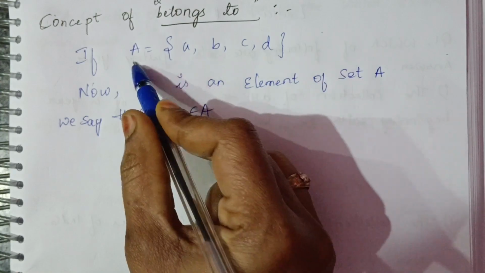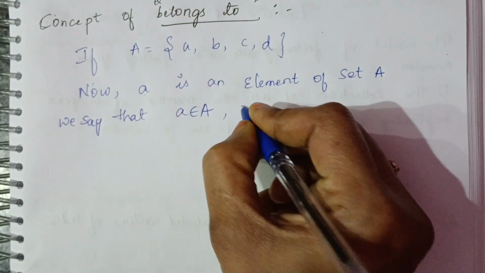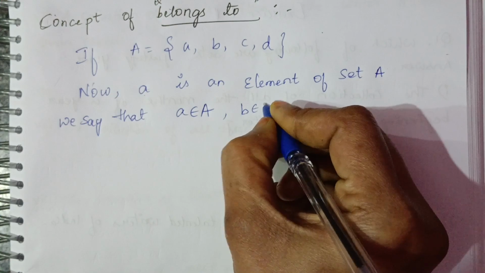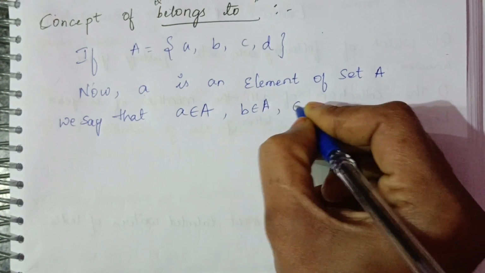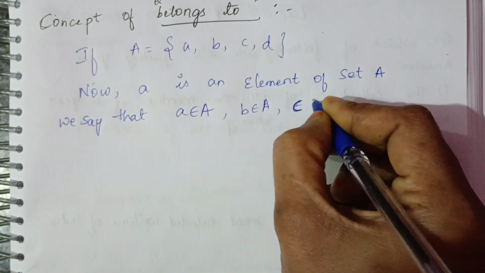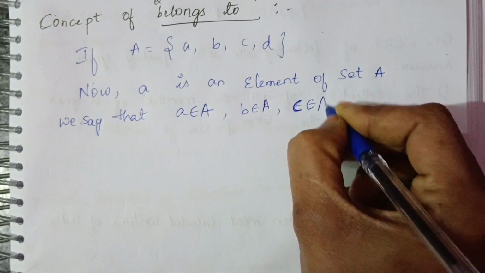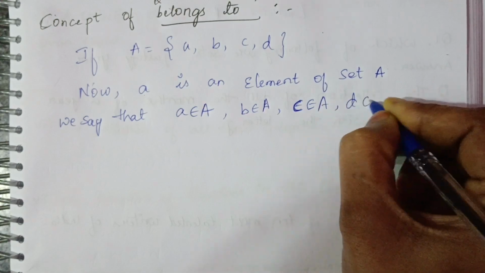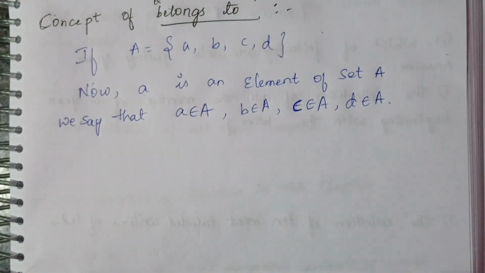This A belongs to set A. Then we can write B belongs to set A, C belongs to set A, and D also belongs to set A. Like this we will represent belongs to.